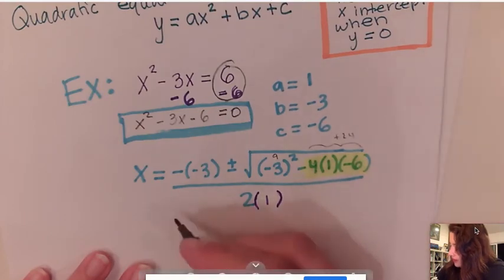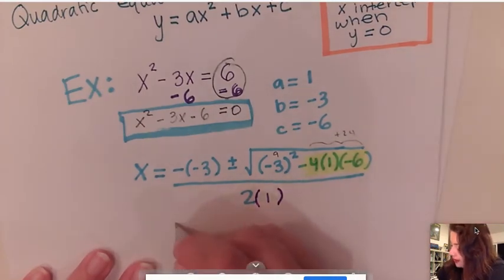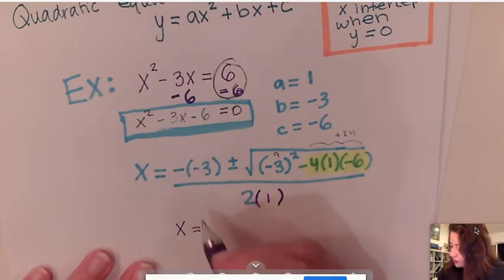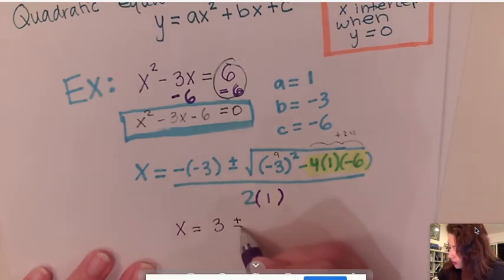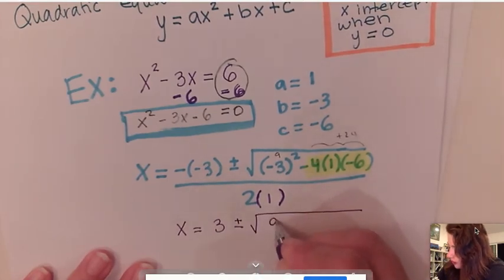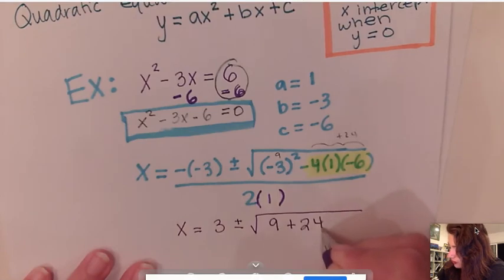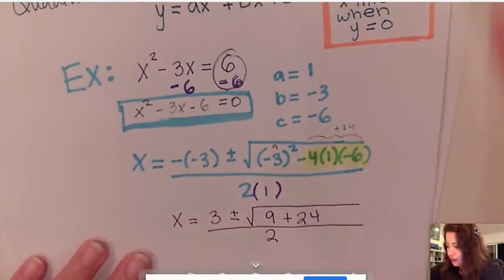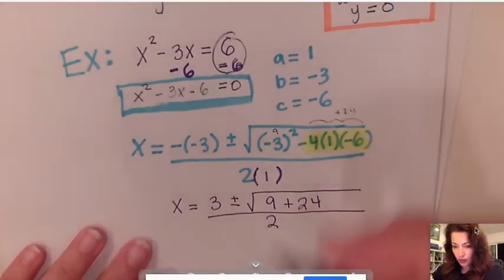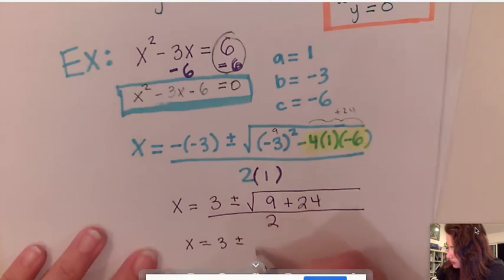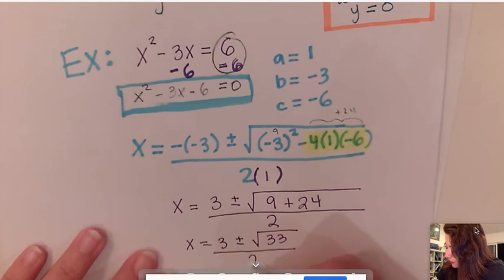So let's go ahead and rewrite it. We're going to have x equals, and I can already go ahead and say minus 3 is positive 3, plus or minus, and you can show a few steps, the square root of 9 plus 24, all over 2. We're going to simplify that. What is 9 and 24? 33. So x equals 3 plus or minus the square root of 33, all over 2.